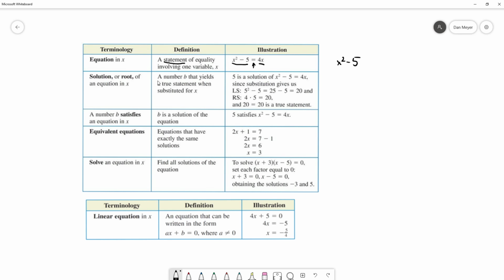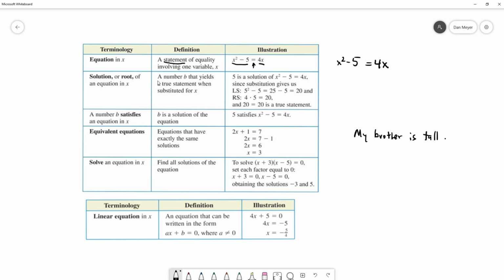Okay, so x squared minus 5 is equal to 4x. Yeah, that's a statement, but it doesn't have like a truth value. It's neither true nor false. Most English sentences are either true or false. Now, when I write the sentence, my brother is tall, that's an English sentence.